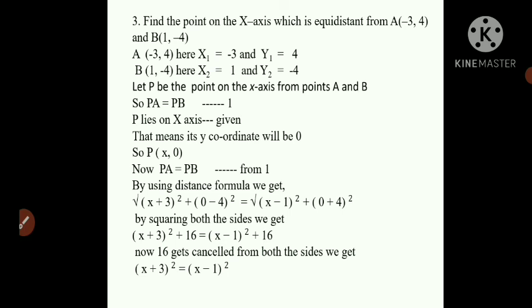And on the right hand side we will use the expansion for (a minus b) the whole square. Here a is x and b is 1. So a square means x square, minus 2ab means 2 into x into 1 is 2x, plus b square means 1 square. So see what we get, x square plus 6x plus 9 is equal to x square minus 2x plus 1.